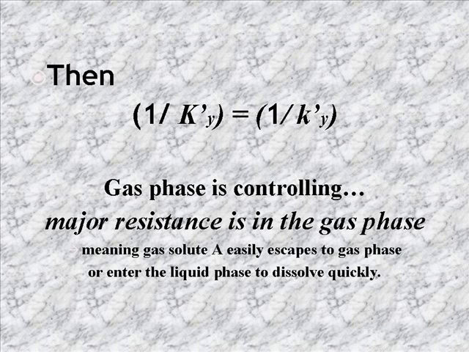K prime Y is the overall mass transfer coefficient, while the k prime Y small is the gas phase mass transfer coefficient. Thus, gas is controlling and the major resistance is in the gas phase, meaning gas solute A easily escapes to gas phase or enters the liquid phase to dissolve quickly.